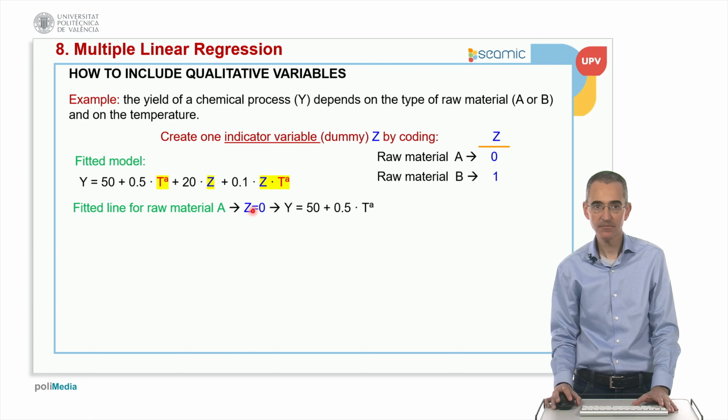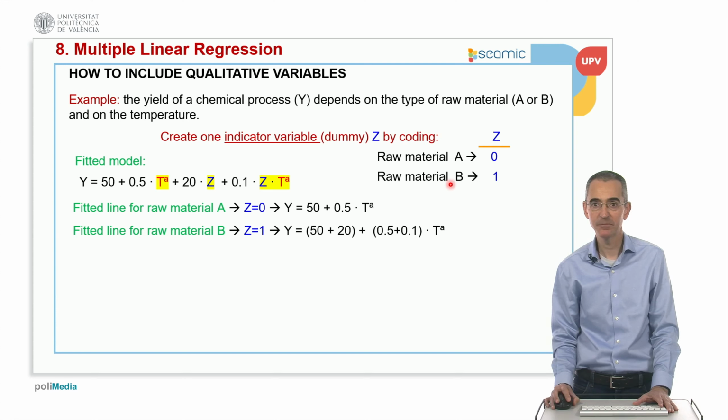Well, what would be the fit line for raw material A? For raw material A, the Z is equal to 0. So I make Z equal to 0, so it goes out, and then I have just this. So this would be the straight line corresponding to raw material A. And what happens for raw material B? In this case, the Z is equal to 1.